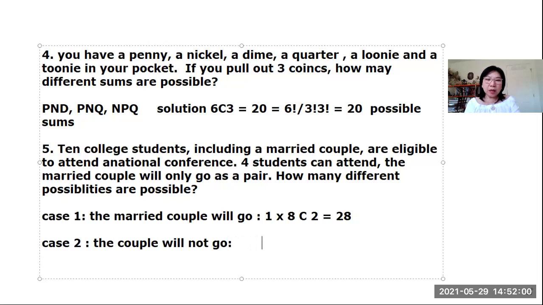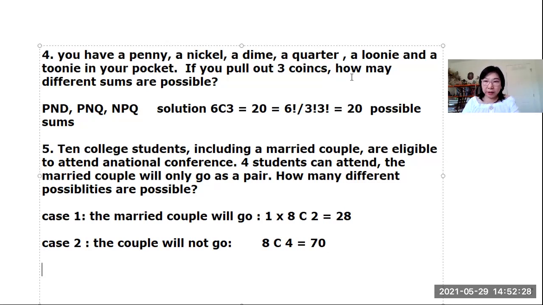The counting will become 10 choose 4, and 10 choose 4 will become 70. So now we will use the condition either-or, right?